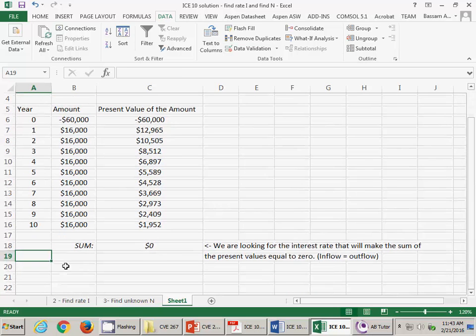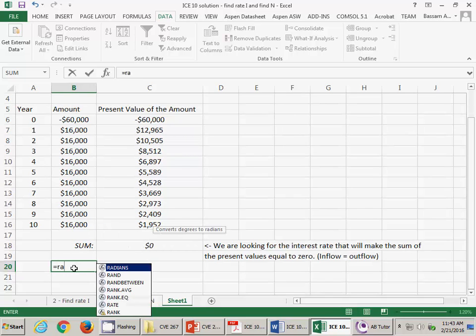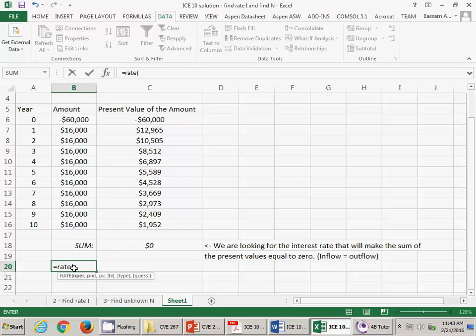Okay, so there's a function called rate, equals RATE, R-A-T-E, and the way that one works is you just tell it N, NPER, means N, so there's 10 years. The recurring payment is 16,000. The present value is negative 60,000.